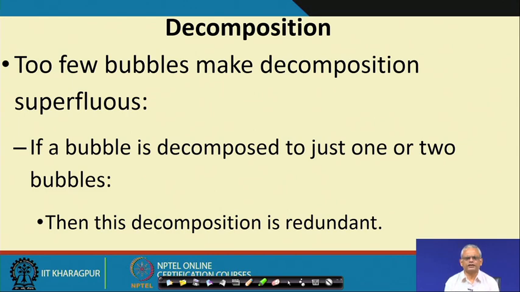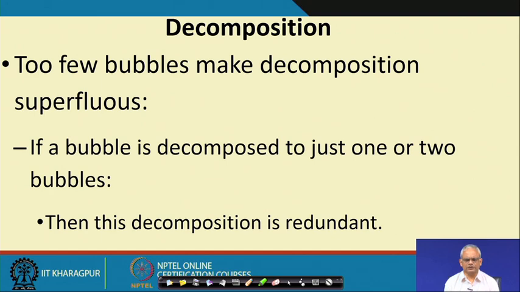Let us say there is one bubble in some DFD, and in the next DFD again we give one bubble, then there is no decomposition. And even if we decompose one bubble into two bubbles, that is also not very meaningful. Typically, we need to decompose each bubble into 3, 5 or up to 7 bubbles.